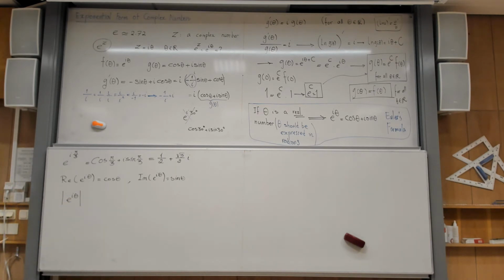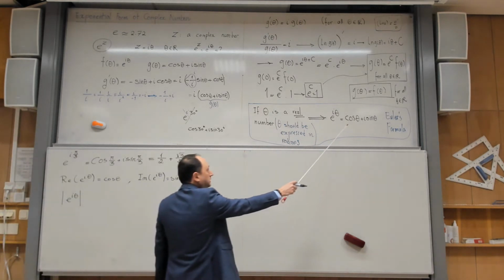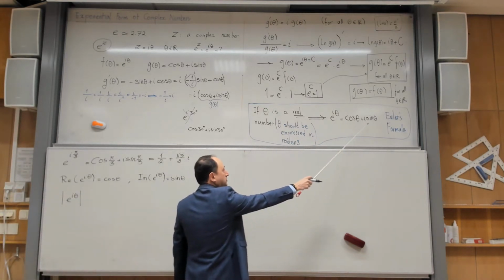Absolute value of this complex number. What is the absolute value of this complex number? It shouldn't be hard, yes? E to the power of i theta is this complex number. The real part is this and the imaginary part is this.